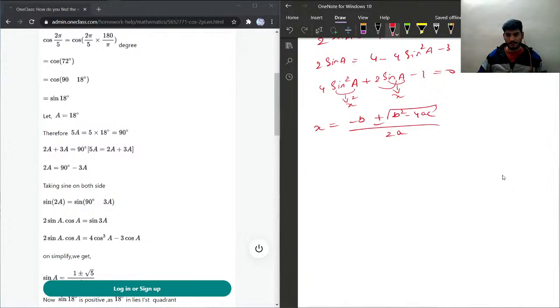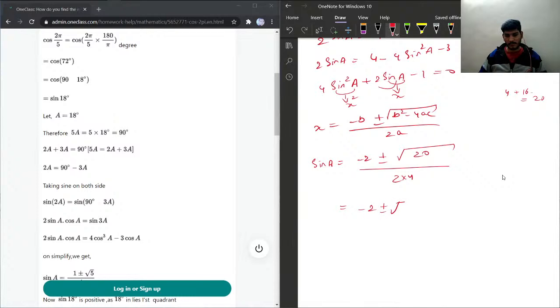So sine A will be minus b, which is minus 2, plus or minus the root of b square, which is 4, plus 16, because this is minus 1 so this will become plus, so this will become 20, over 2 times a, which is 2 times 4.